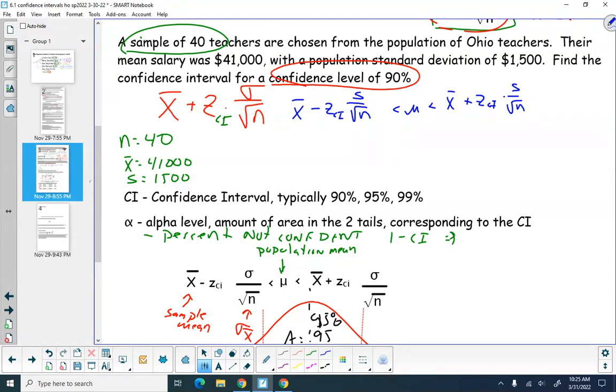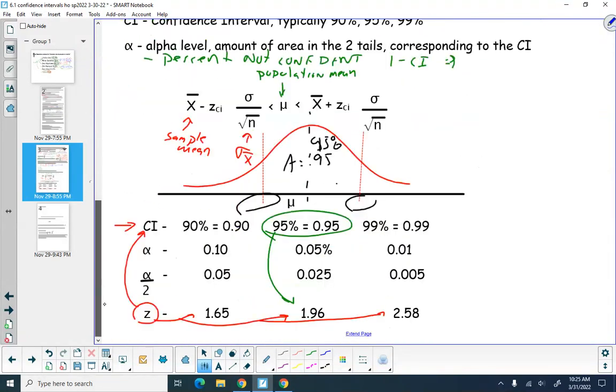So we could just plug in our values now. We are dealing with a 90% confidence interval, so our Z value is 1.65.